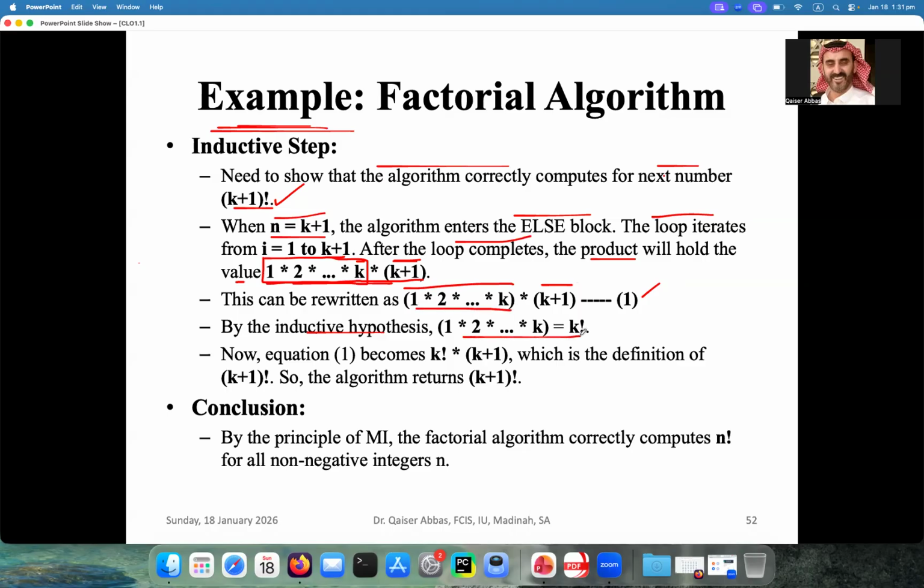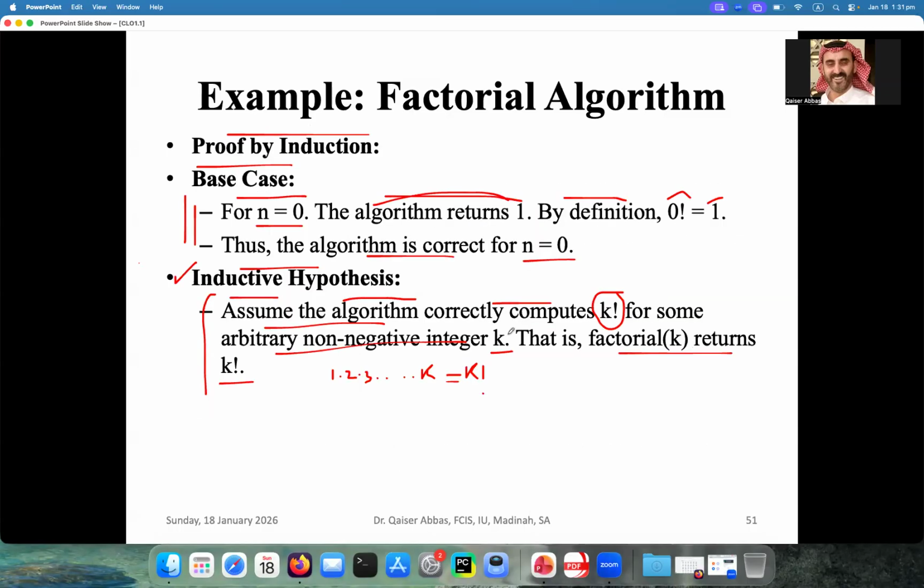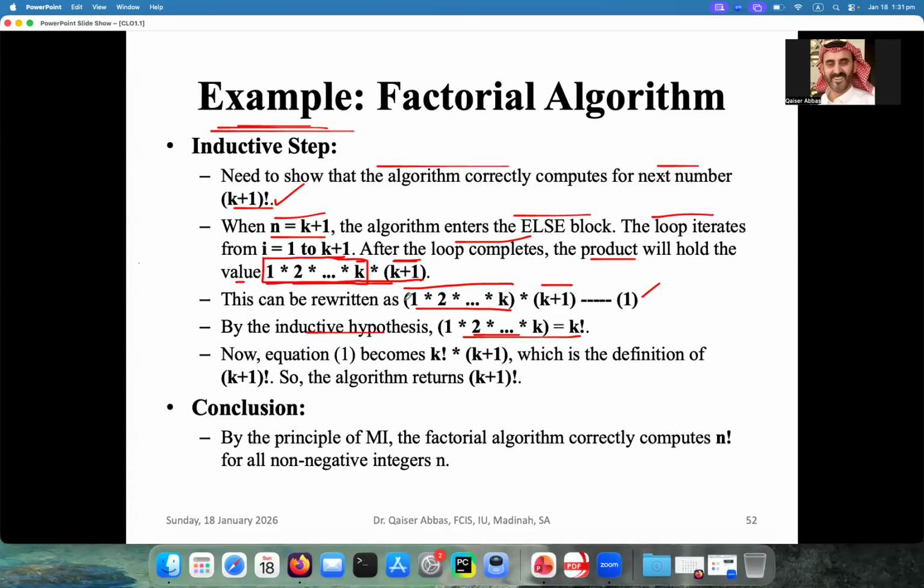This is my inductive hypothesis. So I can replace this entity in equation 1 by k factorial, as you can see here: k factorial multiplied by k plus 1. Clear up to this point?